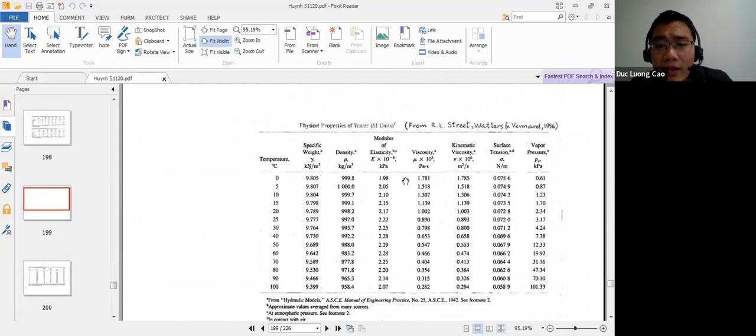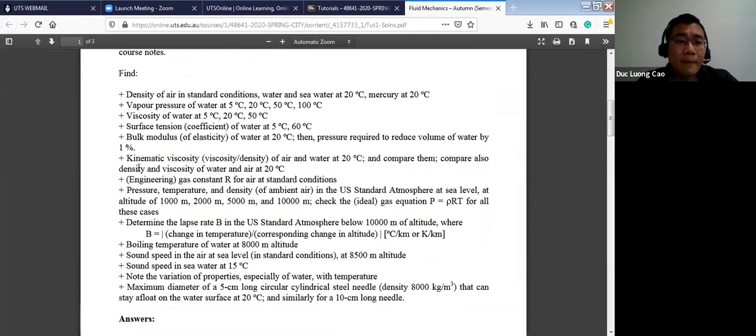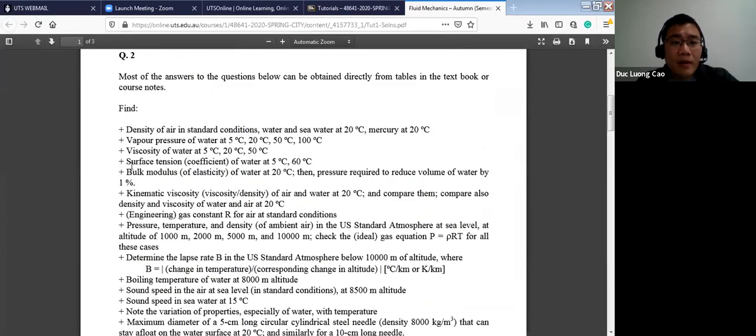So elasticity will be equal to 2.05 times 10 to the power 6. Okay, be careful. The bulk modulus of elasticity of water at 20 Celsius you have on the table.